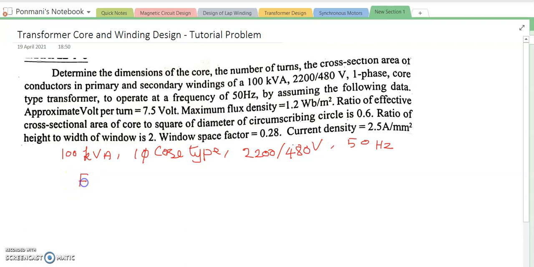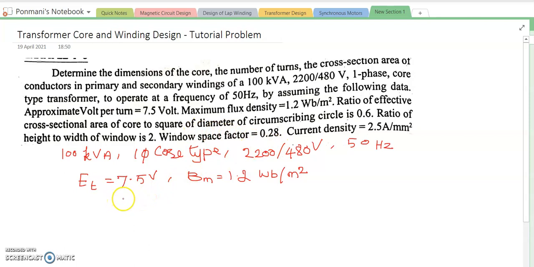volt per turn, that is EMF per turn, Et, is given as 7.5 volt. Maximum flux density, that is Bm, is equal to 1.2 Weber per square meter. Ratio of effective cross-sectional area of the core to square of diameter of circumscribing circle.